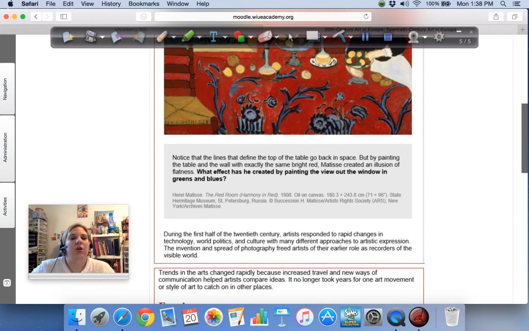With photography, artists are freed. They no longer have to really record history. Now they can express themselves more, and they had a lot to express.